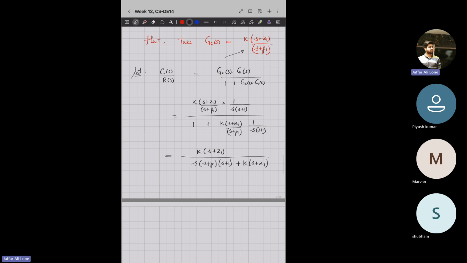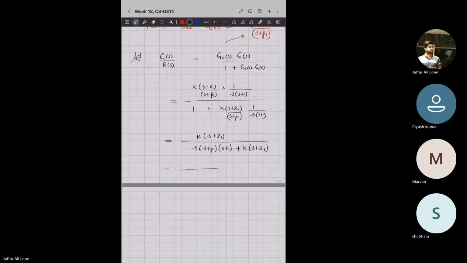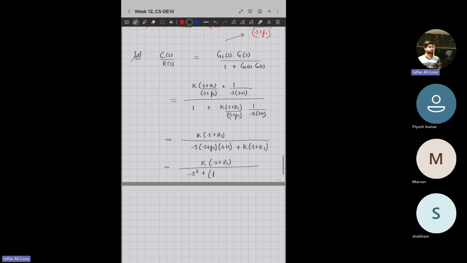Okay, so if we solve it again, we'll get k into s plus z1 over s cube plus p1 plus 1 into s square plus p1 plus k into s plus k into z1.